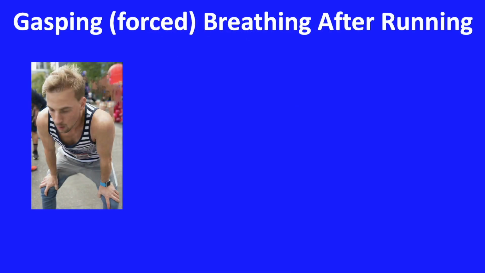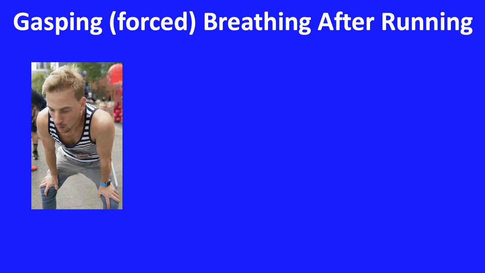If we have quiet inspiration, then by definition we must also have forced breathing involving active inspiratory and expiratory movements. If you have ever placed your hands on your knees after a run, as now being shown, or raised your arms above your head and crossed them, then you are engaging in gasping breathing or forced breathing.